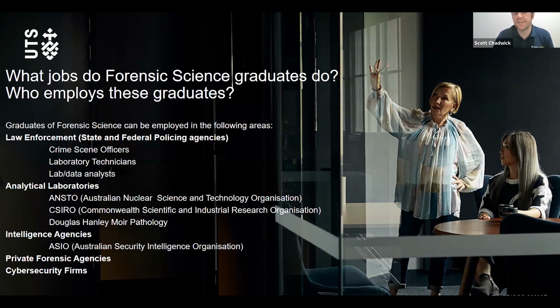Because they have an understanding of intelligence, a lot of intelligence and crime prevention or crime commission agencies will employ forensic graduates. And in the area of digital forensics, there are a lot of cybersecurity firms that are hiring forensic graduates because they have an understanding of the threats and also how to prevent those threats from occurring.